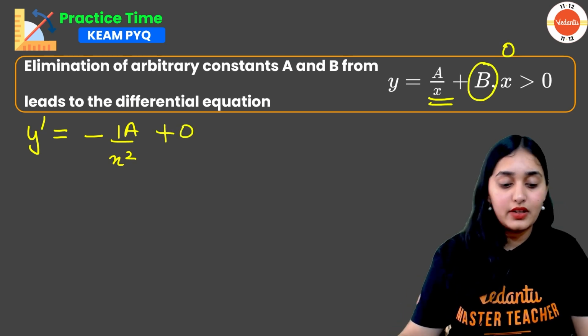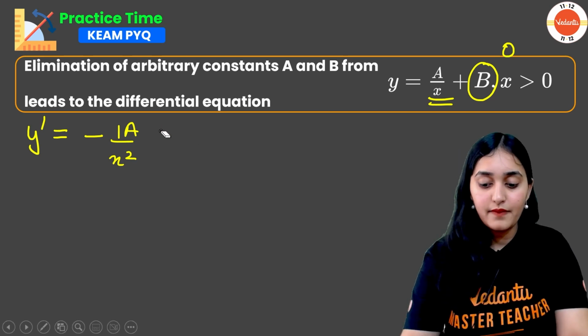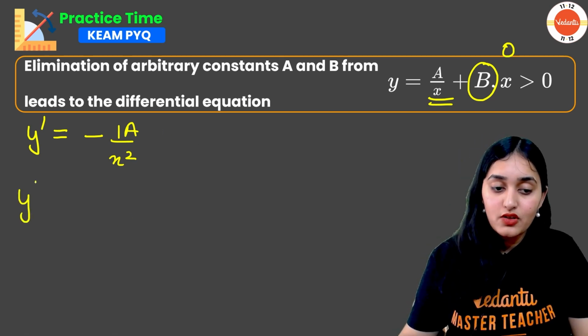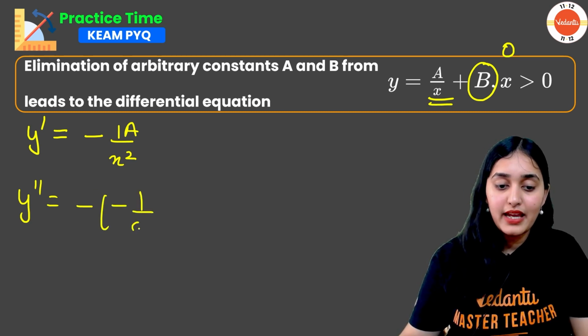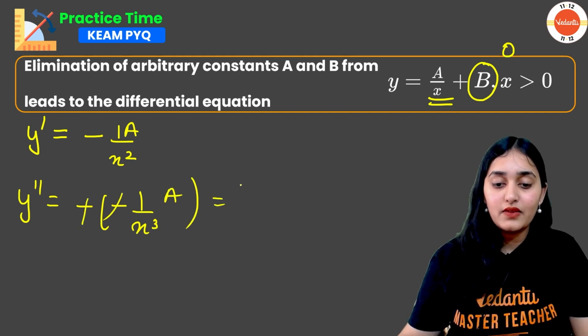So we have 0, yani we have nothing. Okay. Again, double differentiation of this will be minus of minus 1 by x cube into a. So minus minus cancel, this will be a upon x cube.